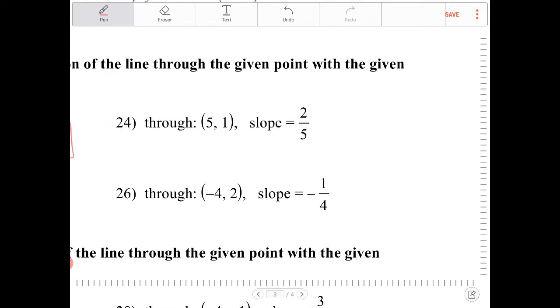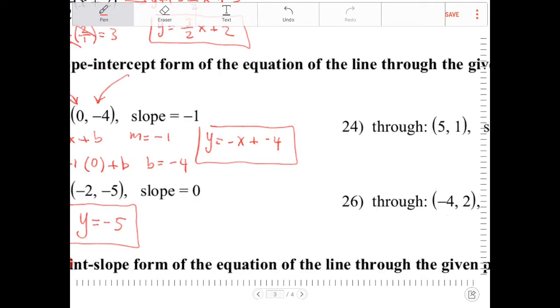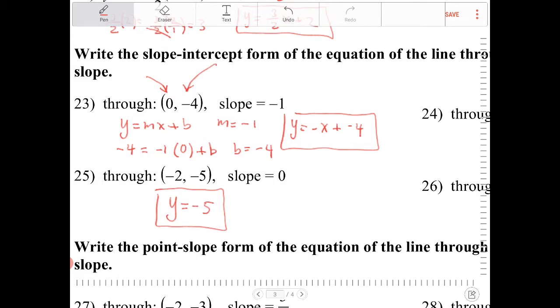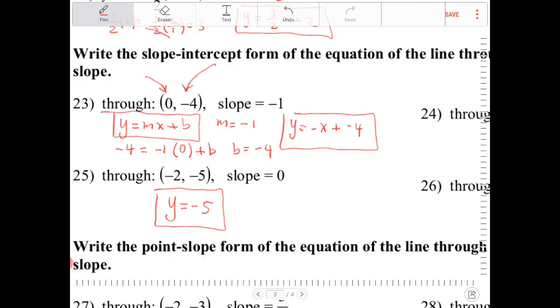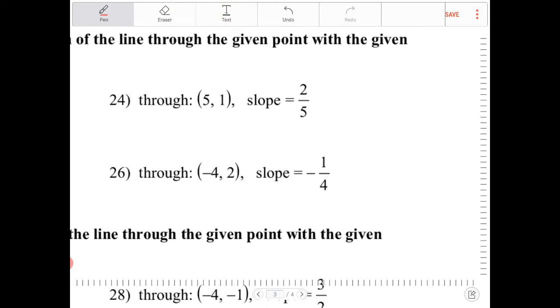I want to write the equation of a line with slope of 2/5 passing through (5, 1). So what I'm going to do, and you may find this a little strange, is go a little backwards here. In the previous problem, we wrote the equation of a line in slope-intercept form first. Instead, I'm going to apply point-slope form of a line, which looks like this.